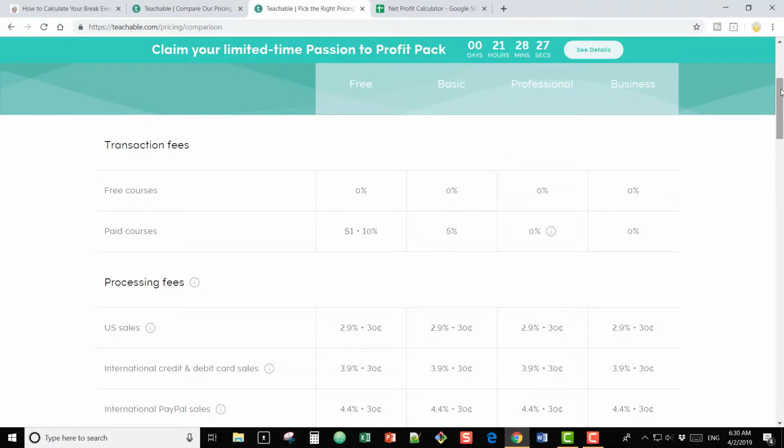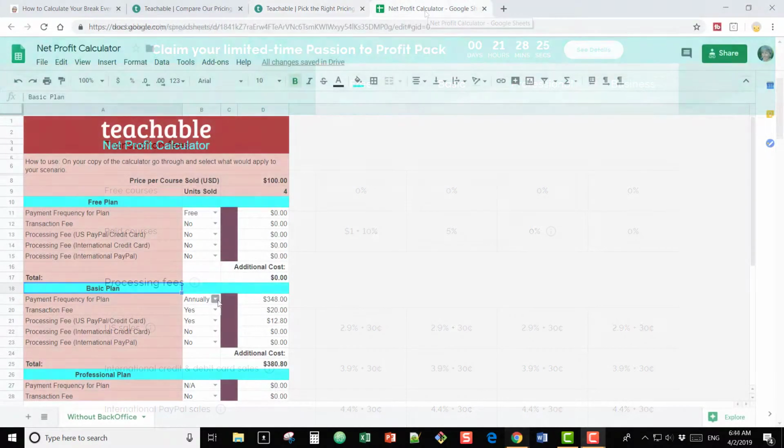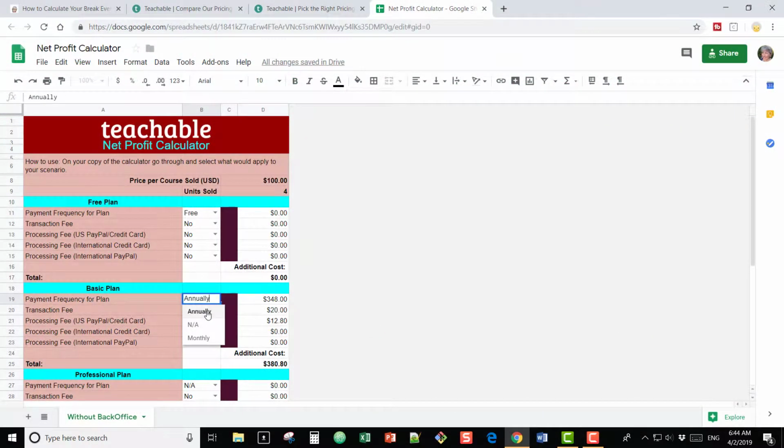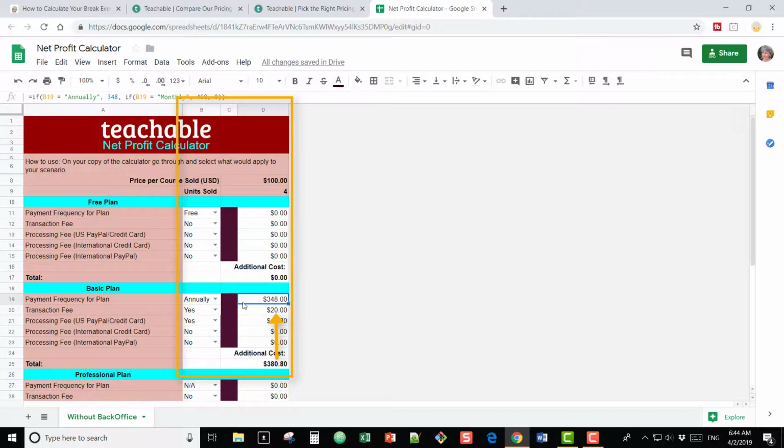So I took all this data and put it into a Google Sheet. And the magic here is the trigger in column B will take the data that's calculated within column C and copy it over to column D.